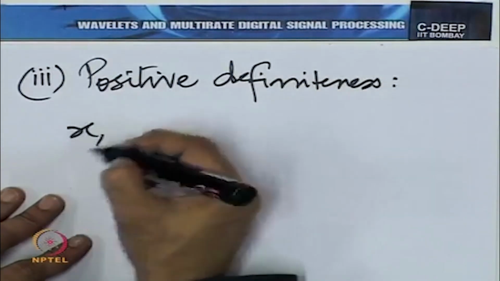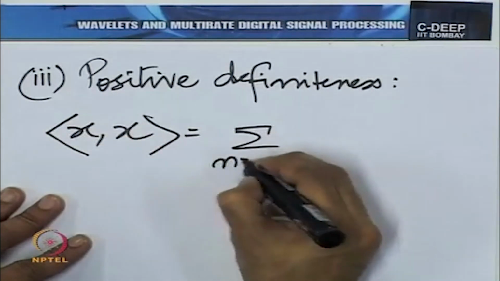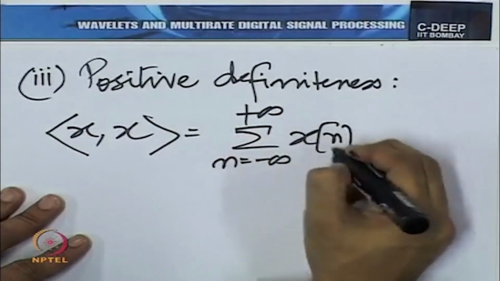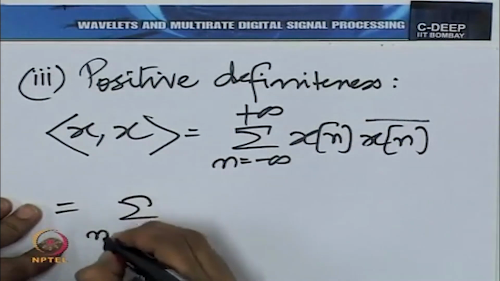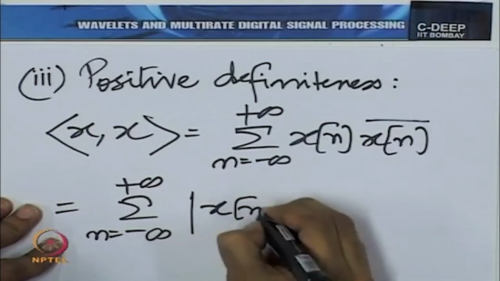Indeed, if we take the dot product of x with x, it is summation n going from minus to plus infinity x[n] x bar[n], which is summation n going from minus to plus infinity mod x[n] squared.